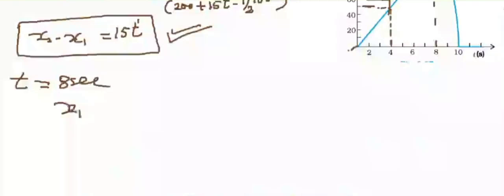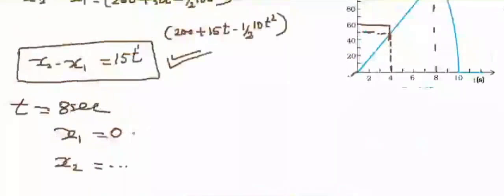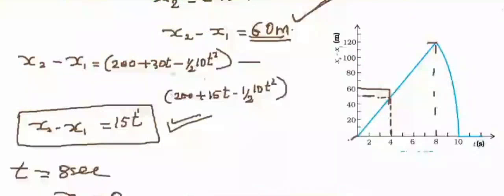We can substitute t equal to 8 seconds, then find the value of x1, and substitute t equal to 8, then you will find the value of x2. So at that situation you can see there x1 equal to 0 and x2 you will get the value. Now taking x1 as 0, use this equation.